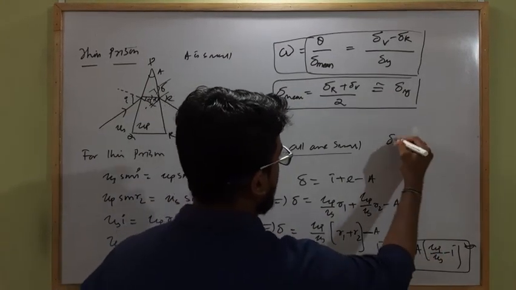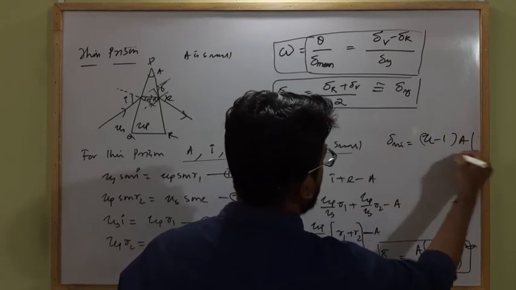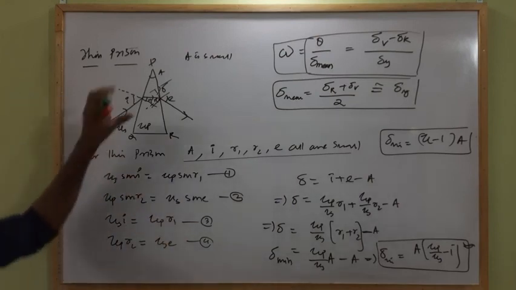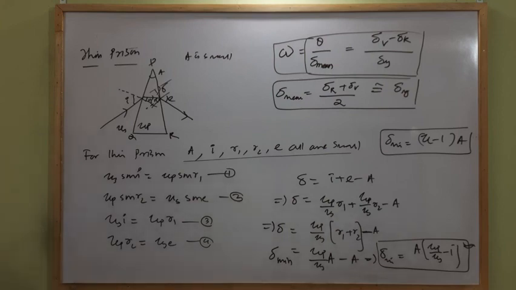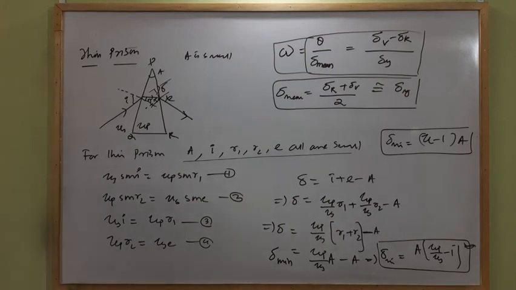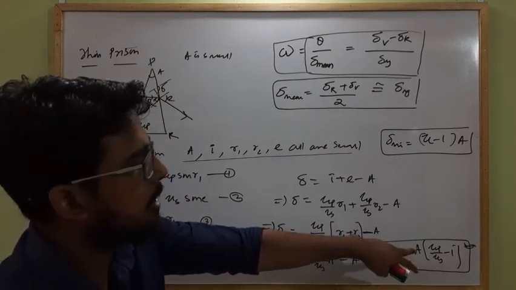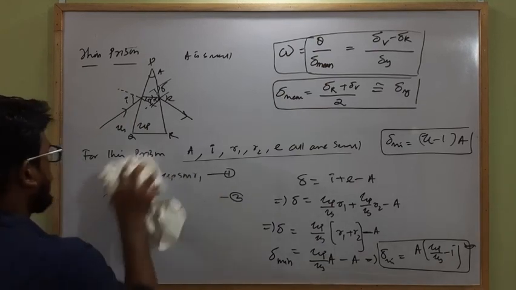So delta minimum will be mu minus 1 into A. Clear? So this is the condition for delta minimum when the prism is thin. You have to remember this relation, delta minimum equal to A into mu of prism by mu of surrounding minus 1, which gives us the delta minimum for the thin prism condition.